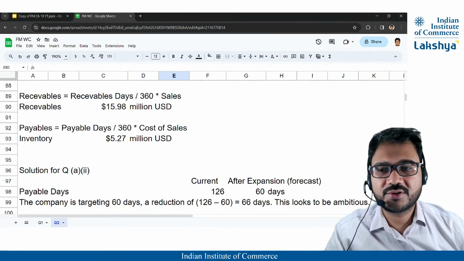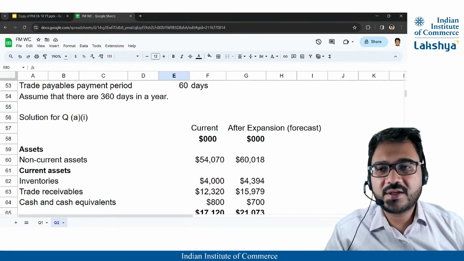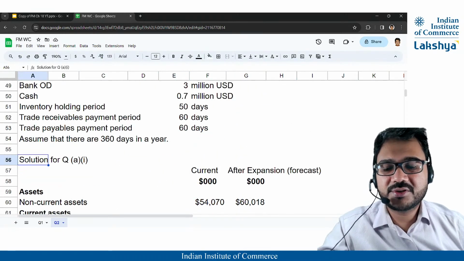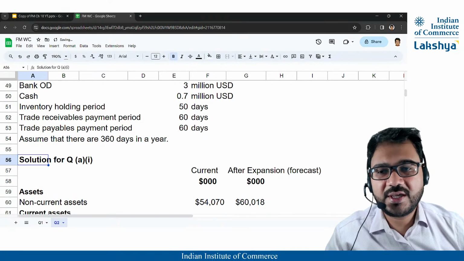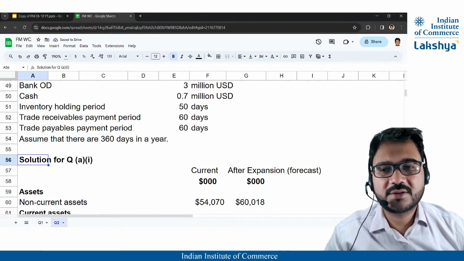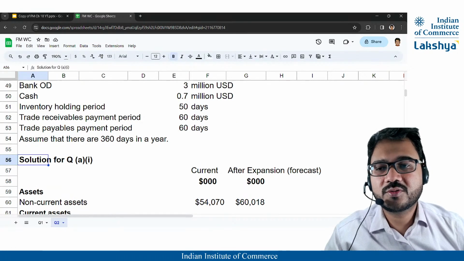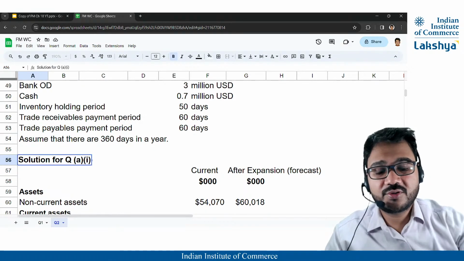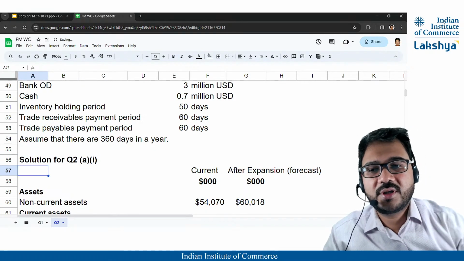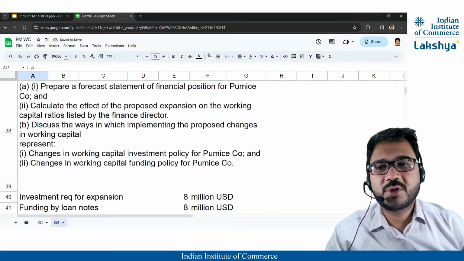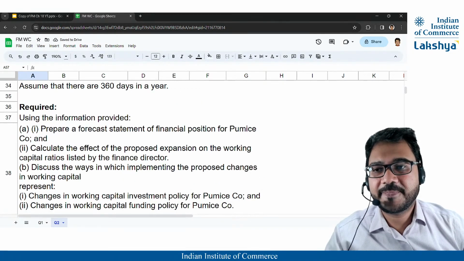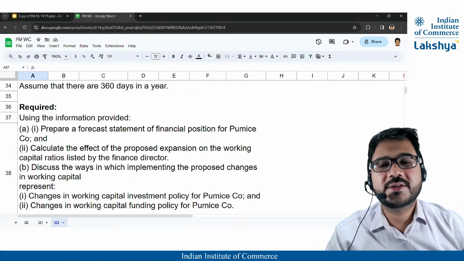We just saw. So clearly label solution for question A, part 1. The question should be labelled A1, because this is subsection A, subsection 1, wherein prepare the report.